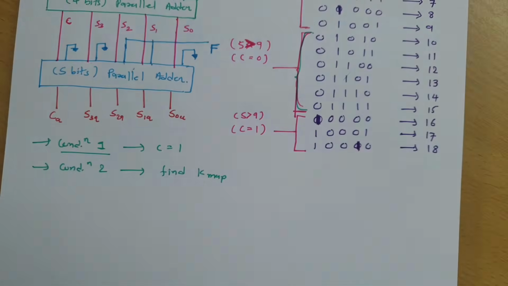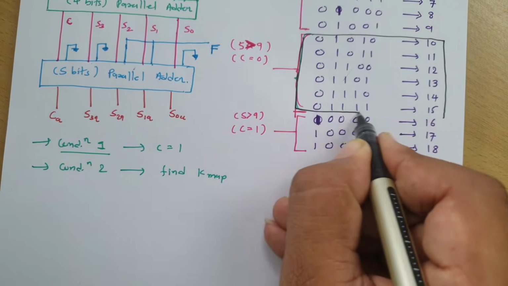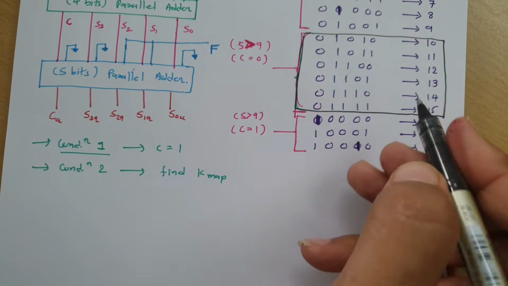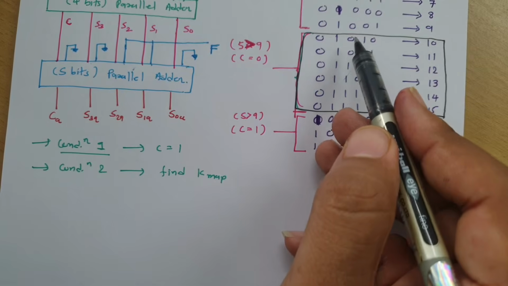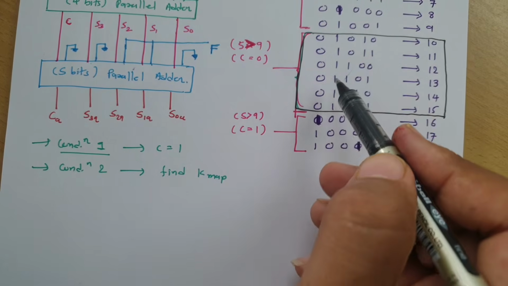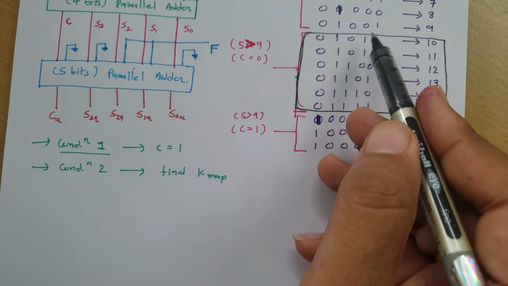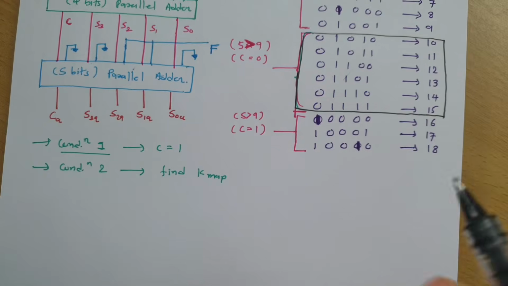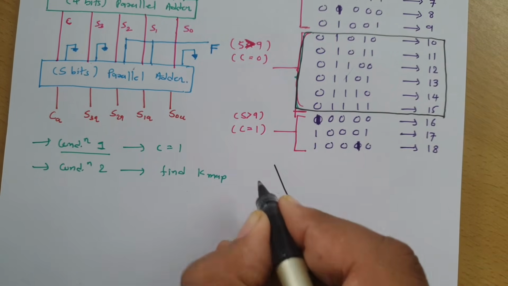K map of this, that is what we are dealing with to solve, right? So in this K map you can see this S3 is 0, only we have S0, S1, S2, S3. So we need to identify this K map for S0, S1, S2, S3, right? So I am making the K map over here.